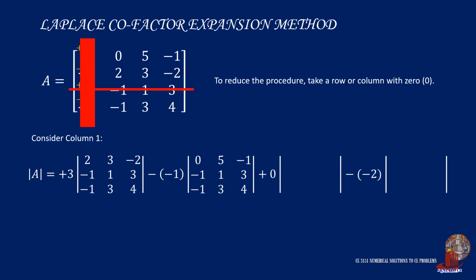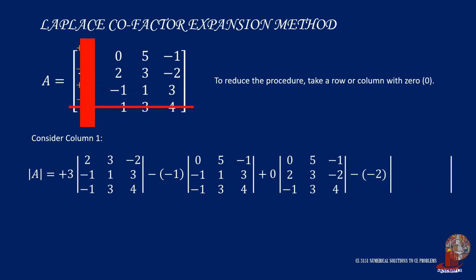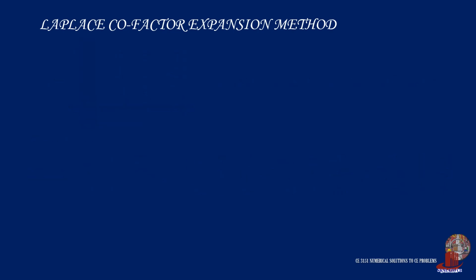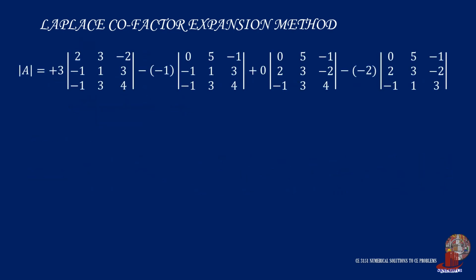By covering the third row, we take the remaining elements as minors for the third term. The fourth term determinant can be solved from the minors which remain after we cover the fourth row.